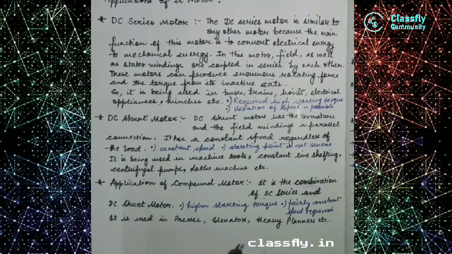The speciality of this DC shunt motor is that it has a constant speed regardless of the load. In series there was variation of speed, but here the speed is constant, and whatever its load may be, it will remain constant.